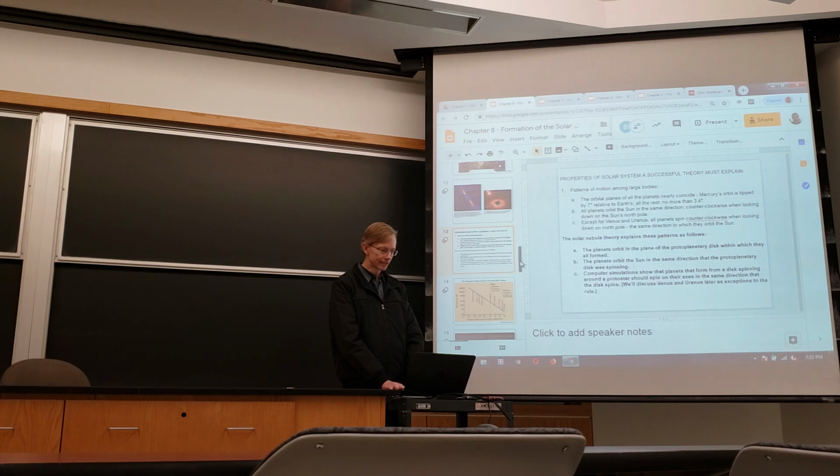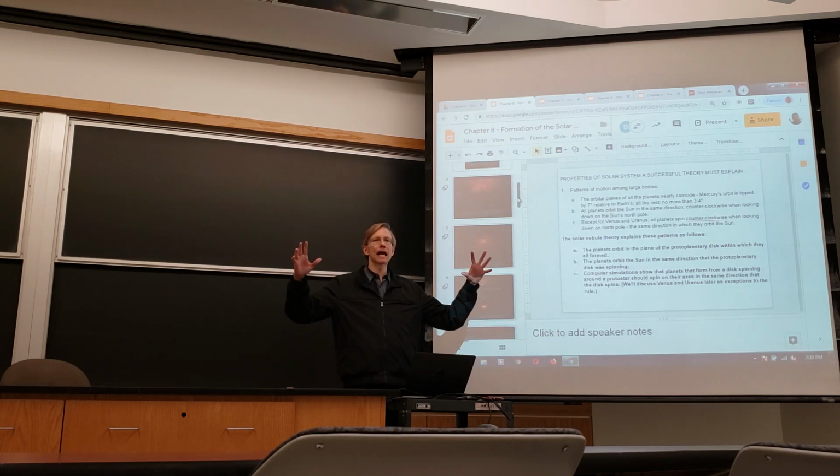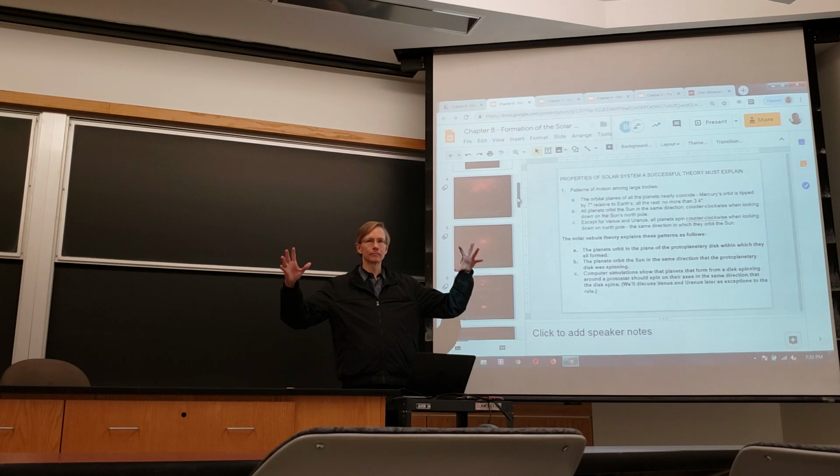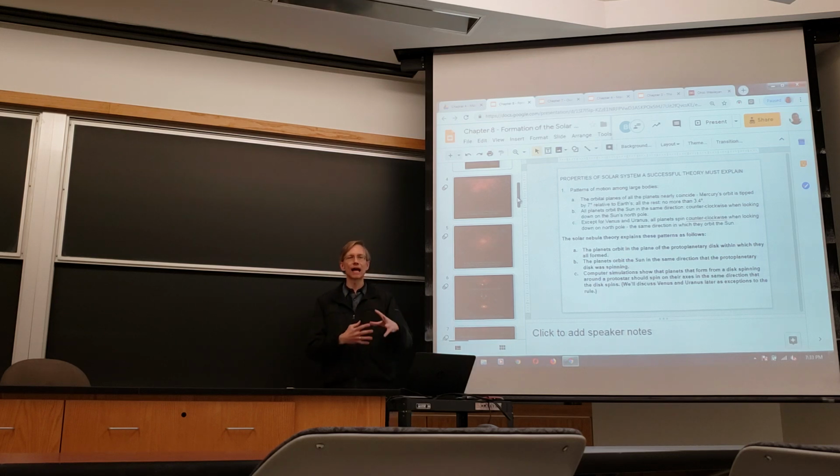The very idea of nebular theory is that the sun and planets form from the collapse of an interstellar nebula, a big cloud of mostly hydrogen and helium gas with a little bit of other elements mixed in, about 2%, that collapsed and spun faster and flattened into a disk. The planets formed in the disk.